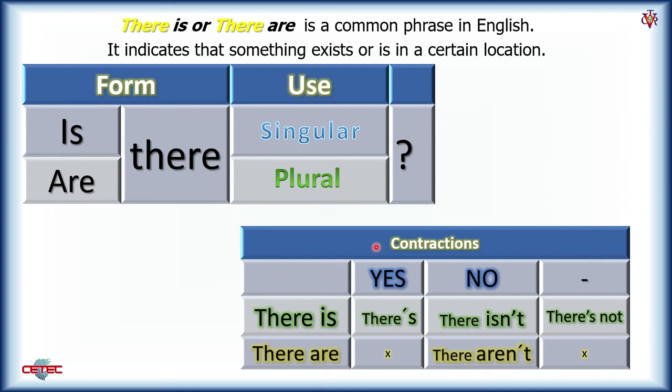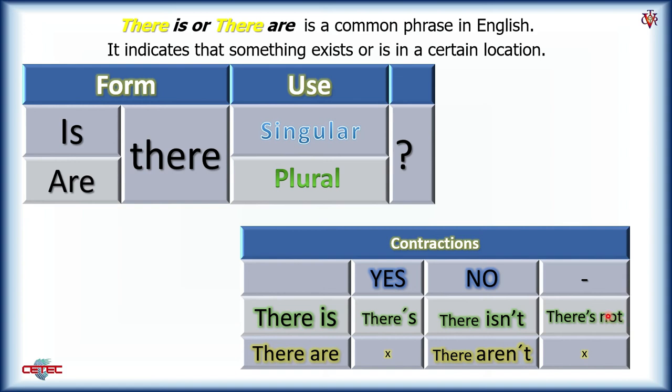The contraction here to answer: yes, there is. Here it is a contraction. No, there isn't. The contraction has to be in between N and T, N apostrophe T. No, there isn't. Option number 2: there is not.